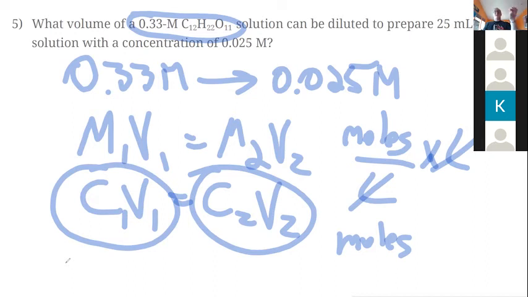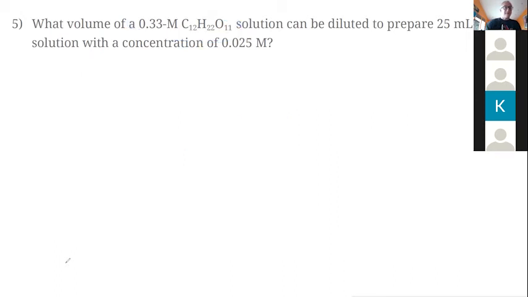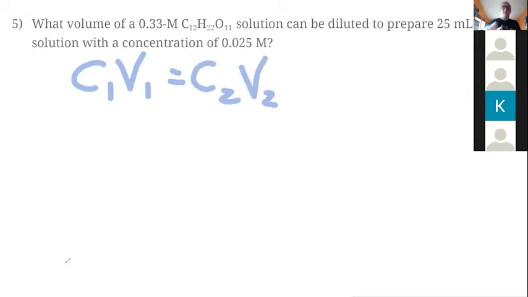So the concentrated solution tells you how many moles are being transferred, and that has to be the same number of moles in your diluted form. So we're basically figuring out how many moles are being transferred using the concentration of the first one times the volume of the first one, the concentration of the second one times the volume of the second one.